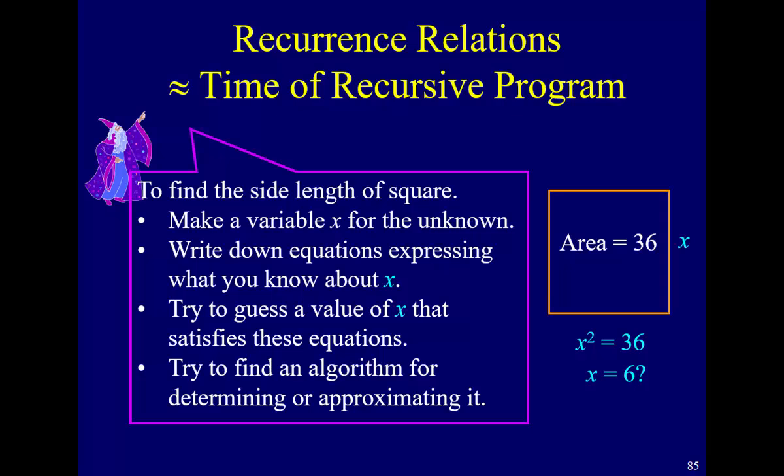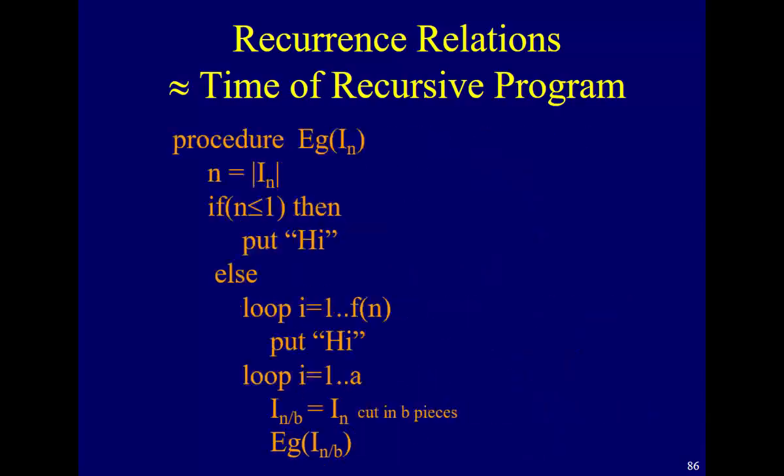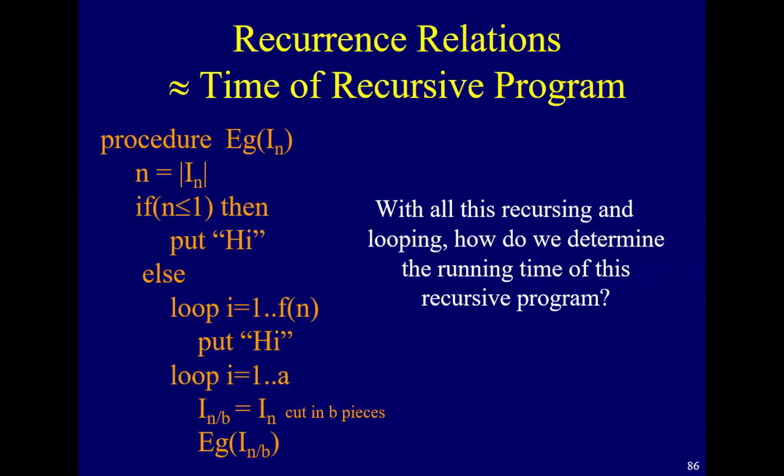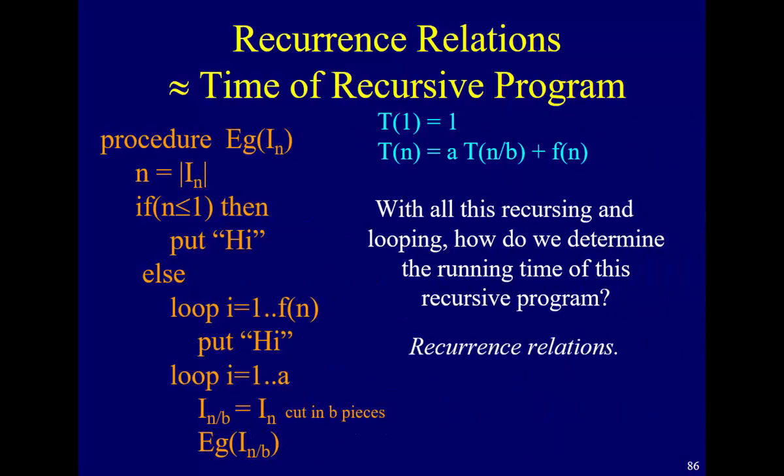Everybody kind of follow that? That's kind of what we're doing here. We're going to guess that the running time is T of n, but now T of n is a function, and we're going to write down equations and then solve these equations. Is everybody good?